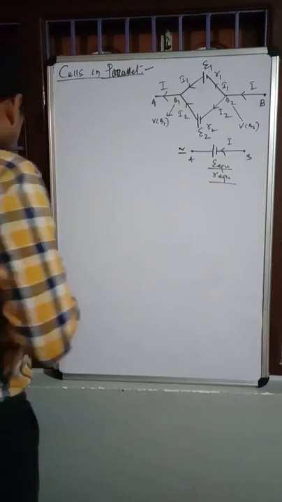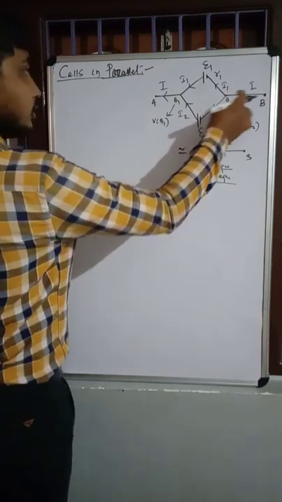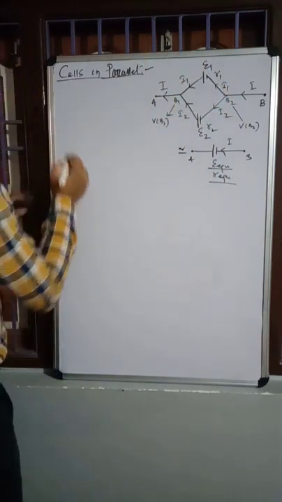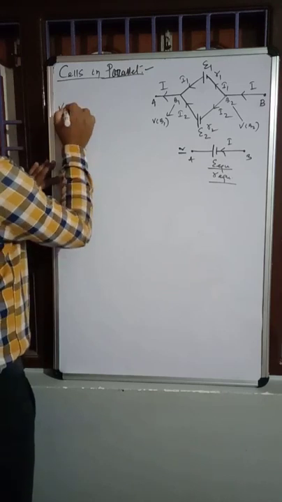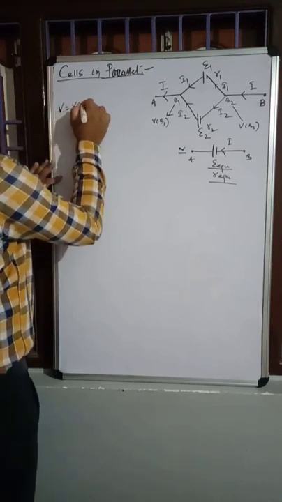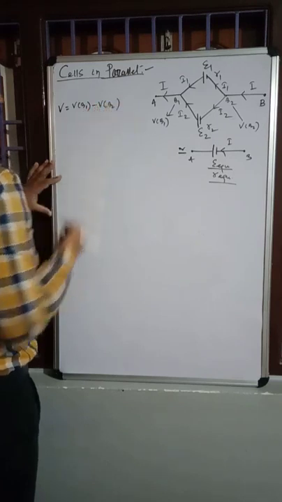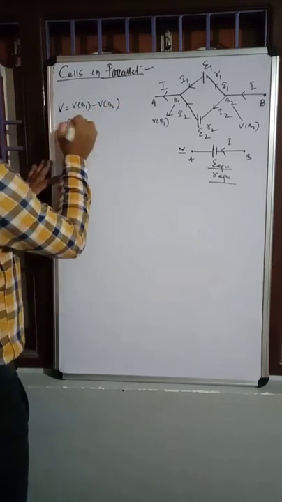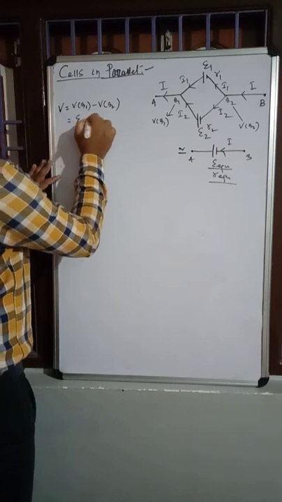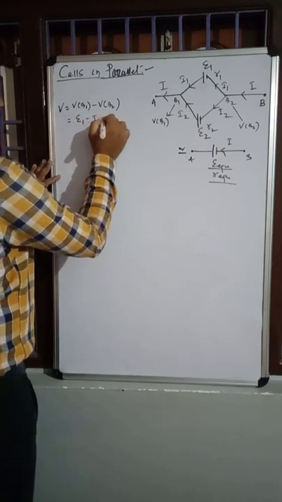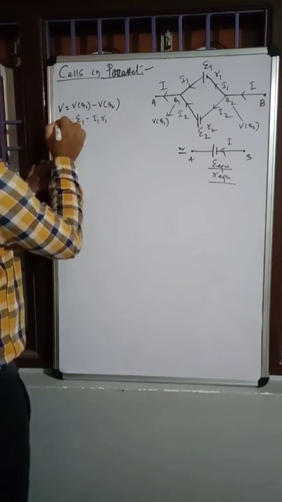Now we first find, if the current flows through the first cell, V will be equal to VB1 minus VB2, and that will be equal to E1 minus I1 R1.